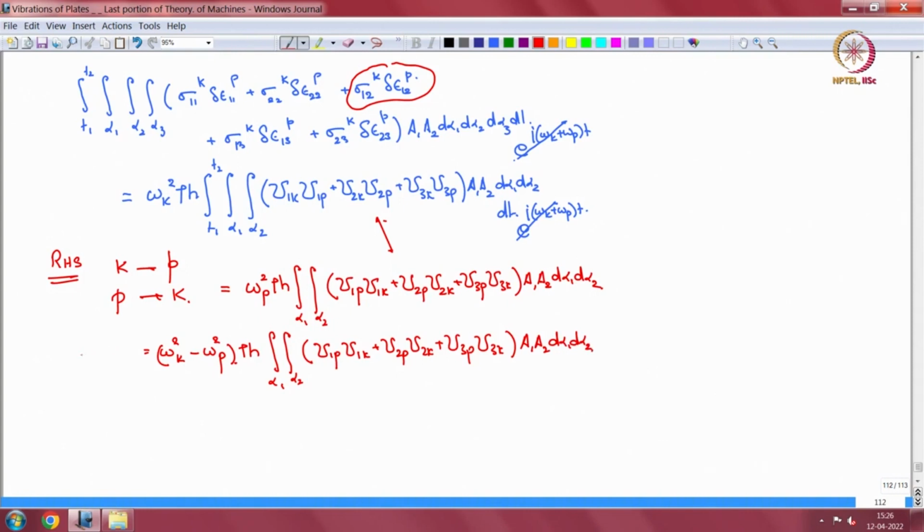Now if we can show that the left side is 0, which we will do in a while, that means when we switch k to p in this term also and we subtract, then when k is equal to p, anyway the right hand side is 0.